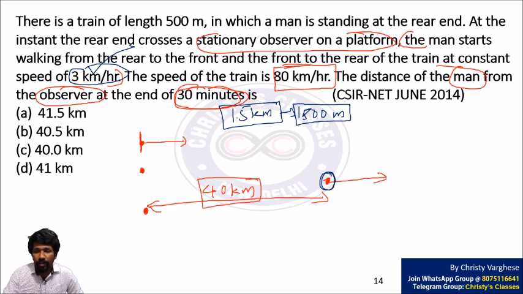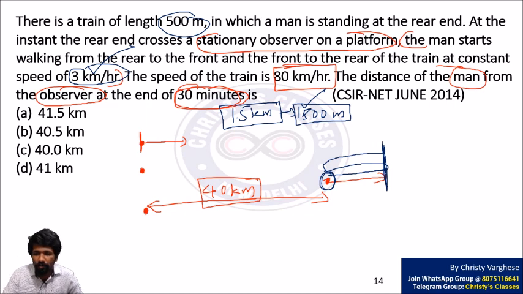He will travel 1500 meter in this half an hour inside the train. But that movement is like this: 500 meter forward, because the length of the train is only 500 meter, he will reach the front end of the train, then 500 meter backward, because the question says to and fro movement. So 500 plus 500, 1000 meter over, total 1500 meter he can travel. One more 500 meter means he will reach the front end of the train.